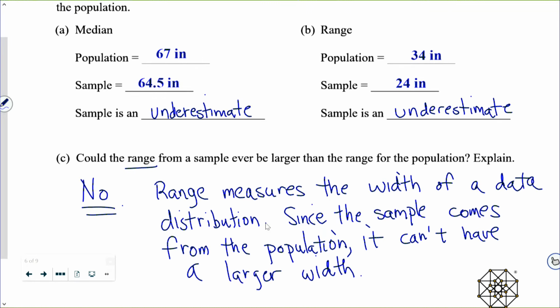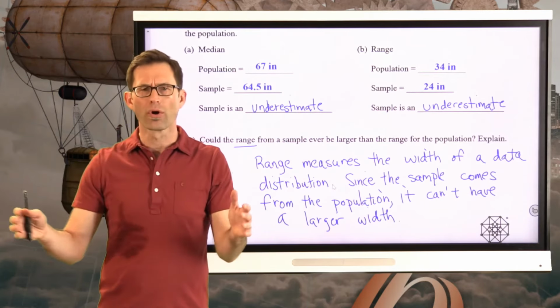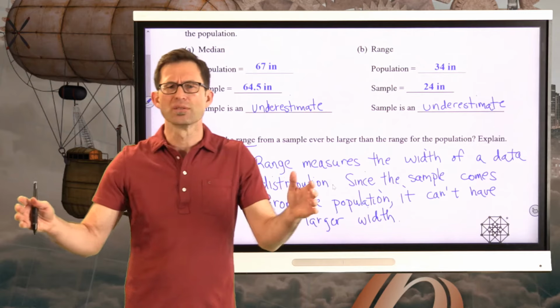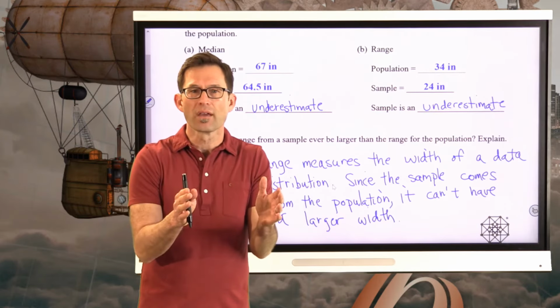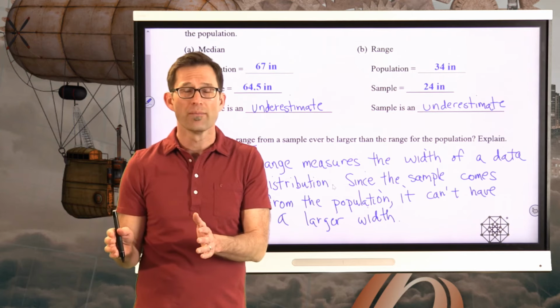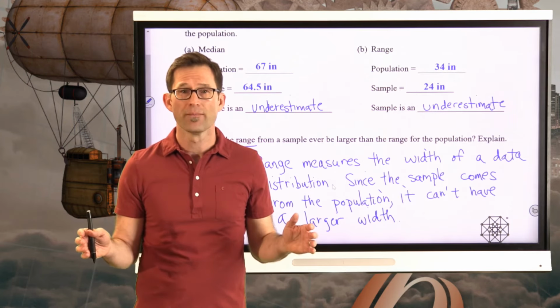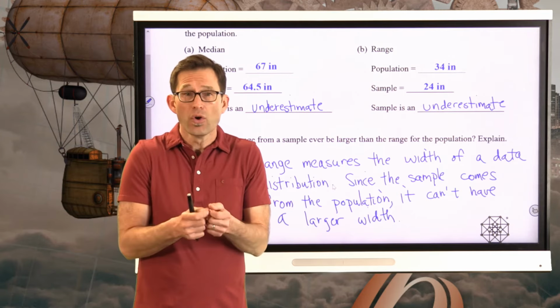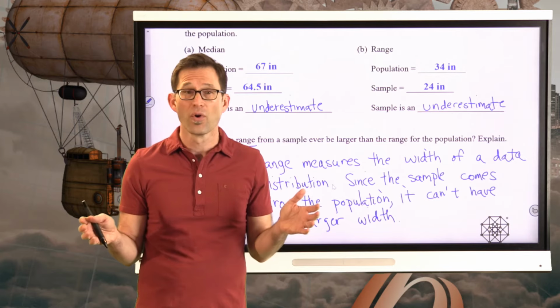And think about it like this. Think about a population as being a board with a certain length. And think of a sample as being a piece of that board, with the range being how long the boards are. It could be that the sample is as wide as the board itself if you took the whole board.